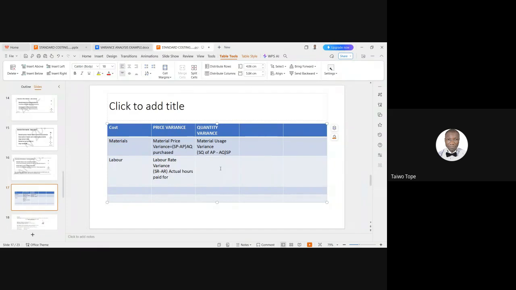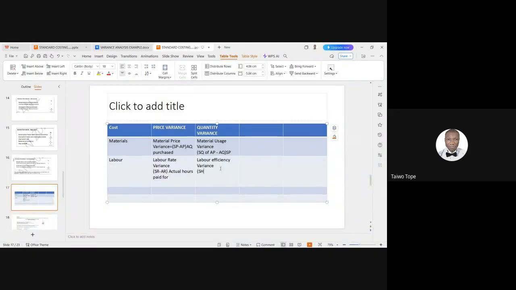So we can have the labor efficiency variance. And the formula will be what?